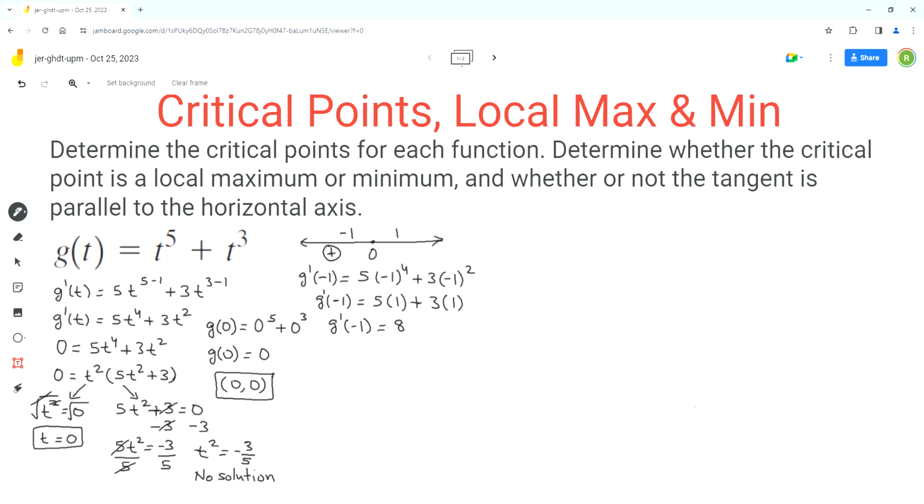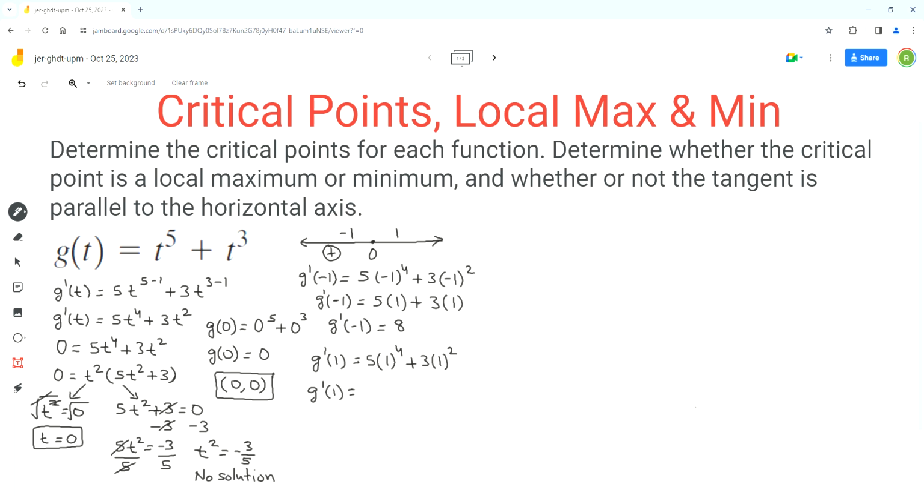Now we can find the sign of prime of g to the right side of 0. So we sub in the second test value t as 1. So we sub in t as 1 in the prime of g at t equation, and now we can evaluate it.